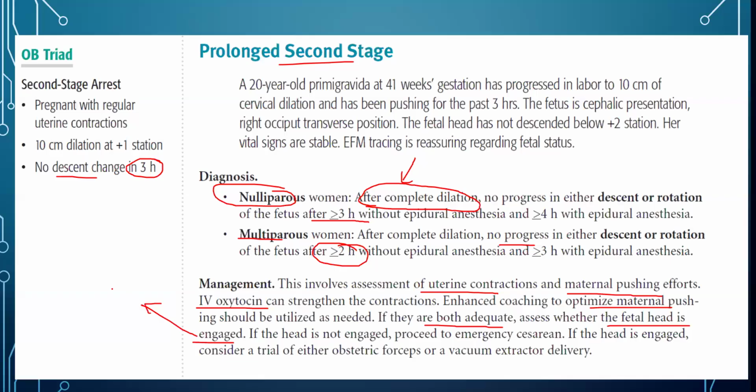When will we say the baby's head is engaged? If the question says station 0. If the head is not engaged, proceed to emergency cesarean section. If the head is engaged, then you can try an assisted delivery with either forceps or vacuum.